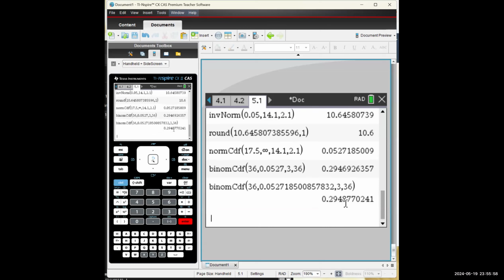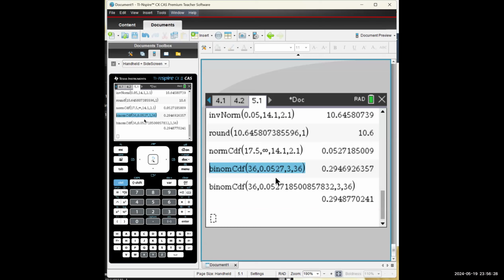Okay, by a tiny bit, but I would say for your exam convenience, because they didn't ask you to calculate the probability of one butterfly with wingspan greater than 17.5 as a previous part, probably you can just stay with 0.0527, etc. Okay.